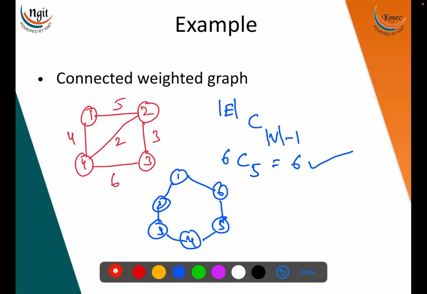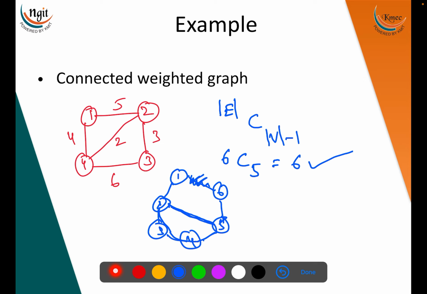So here you have only one cycle. What if I have this line? Then how many cycles can you see? You have to take out this cycle, and here one more cycle you are getting. So by deleting this or by not considering this, you can make a spanning tree.